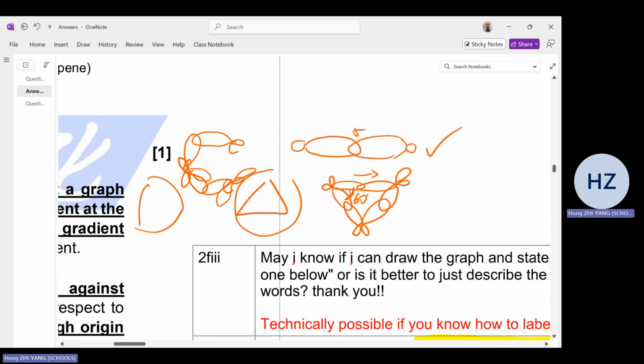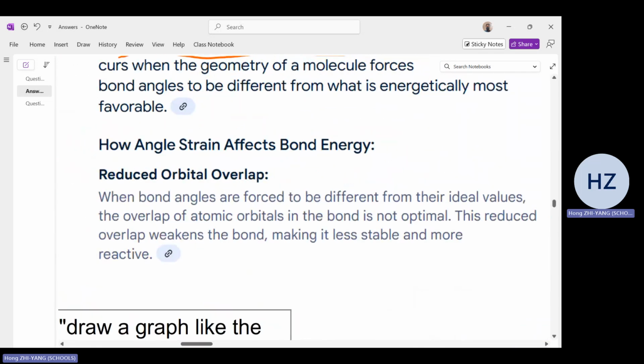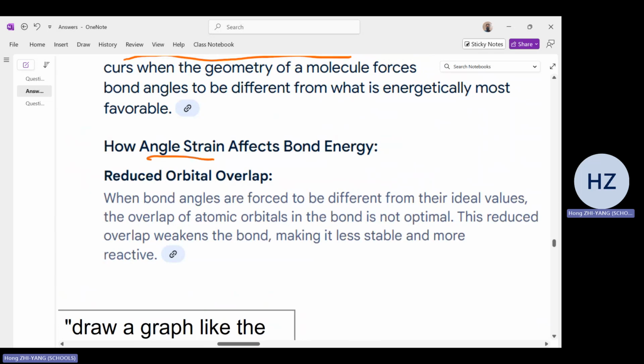So the whole idea here is I want to showcase that angle strain can affect the way the orbitals overlap, and makes it less optimal, and hence it weakens the bond energy. So for the one who is asking how it affects bond energy, it's about the ineffectiveness of the overlapping. That's how it was linked up in this sense. I just want to showcase that one today.